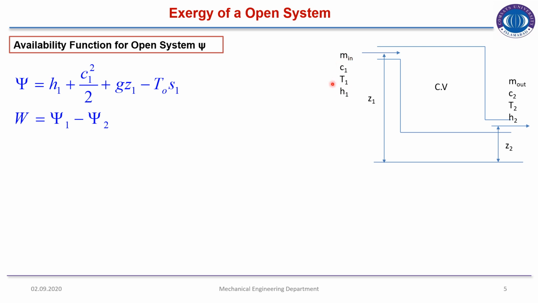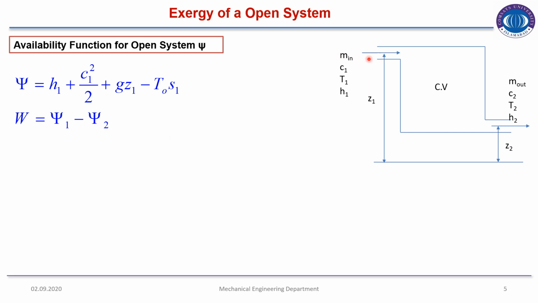Inlet properties are on the left hand side, outlet properties are on the right hand side. The ambient temperature is T naught. So the dead state temperature and the heat content of the dead state are T naught and Q naught, and Z1 and Z2 are the elevations at the inlet and outlet respectively.